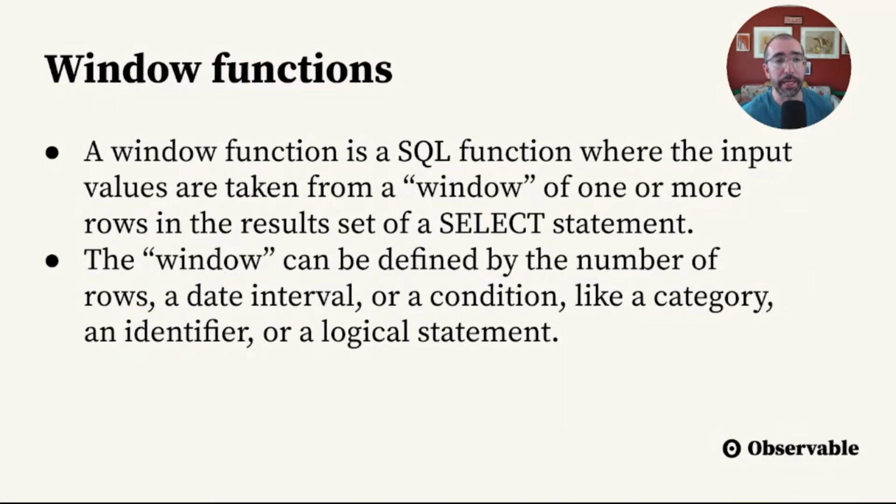It could be a date interval. I want to look at the 3 days prior and the 3 days post. Or it could be some sort of condition, like I want to do things by some categorical value, or by an ID, like a customer ID, or just some sort of logical statement. There's a bunch of different ways you can define these windows, and depending on your use case, you might want to try one or the other.